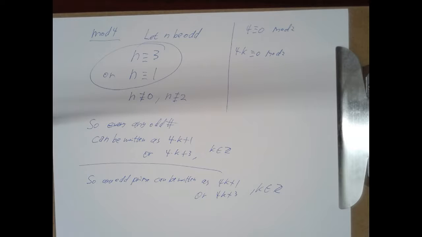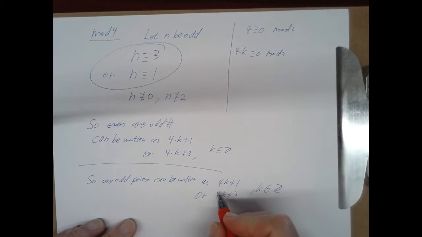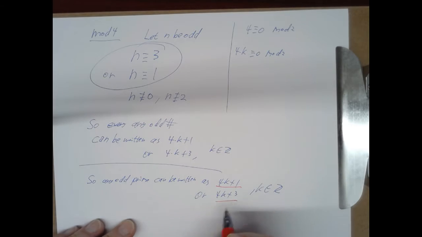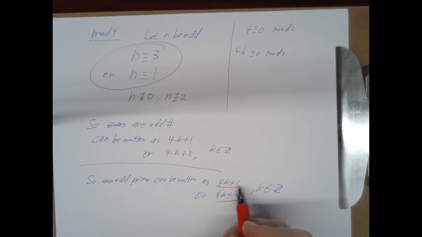And so we can ask, well, since any prime number can be written in one of these forms, how many primes can be written like this, and how many primes can be written like that? We know there's an infinite number of odd primes, but is it possible that there's only a finite number in this form, and all the other primes are in this form, or vice versa?